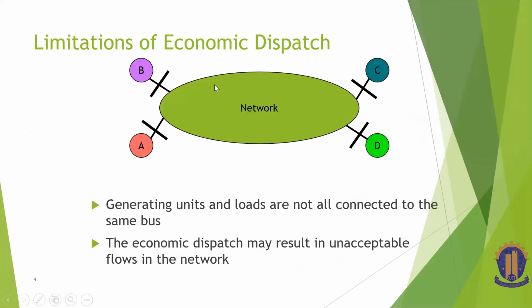One limitation of economic dispatch is that we consider the load and generators to be connected in a common bus, but practically it is not feasible. Usually plants are placed where the fuel resource or power supply resource is available.